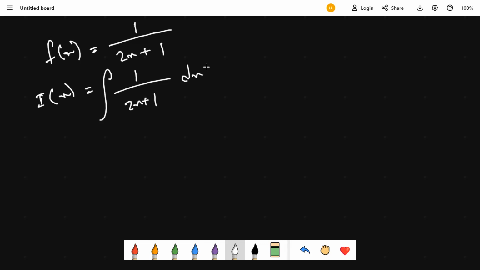Now, in order to make things much easier, since here we have an arithmetic operation going on in the denominator, 2x plus 1, that means two different terms there. One is 2x, another is 1.